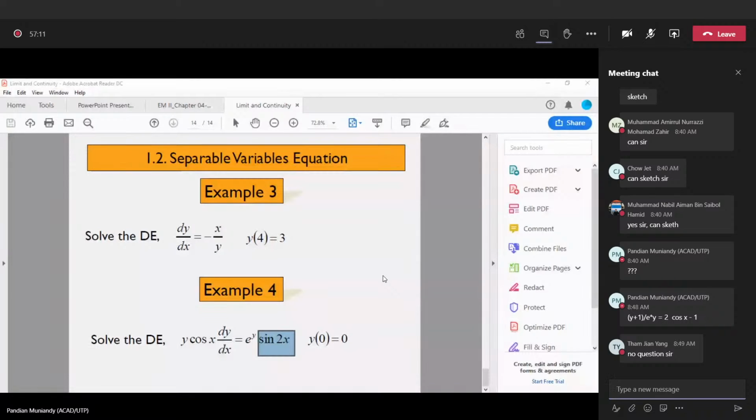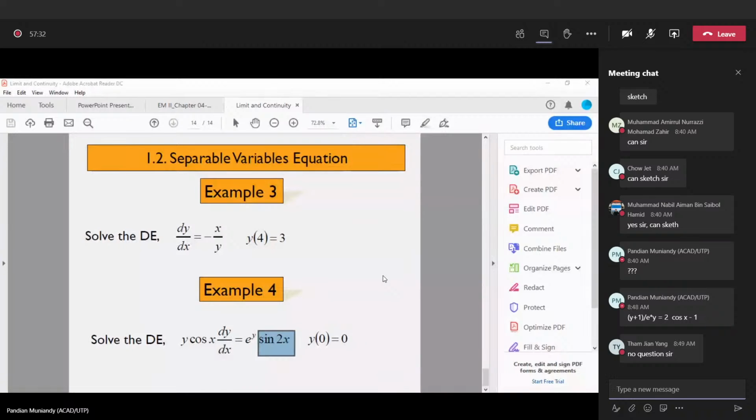But there is some exception. x squared plus y squared equals 25 is implicit, but the shape of the graph is well known. It is a circle. But here you cannot predict. This one is not a circle, not a straight line.